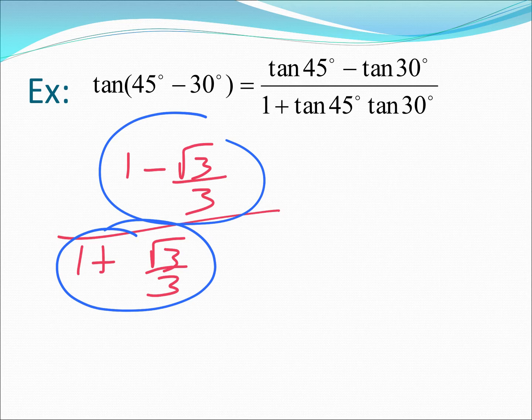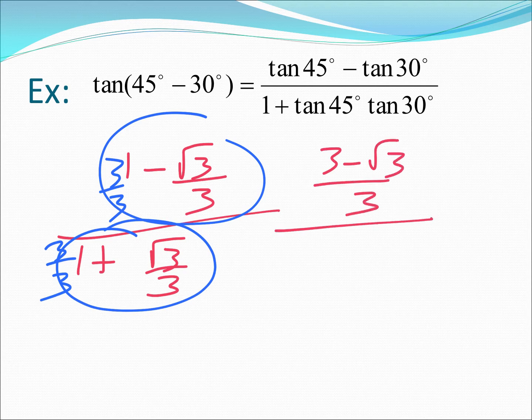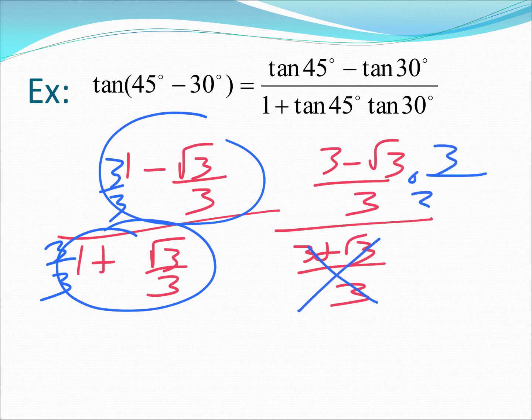So we're going to multiply by 3 over 3 here and 3 over 3 here to get 3 minus radical 3 over 3 and 3 plus radical 3 over 3. But wait, there's still more. Instead of dividing by my fraction, I'm going to multiply by the reciprocal. So we're going to cross this off and multiply by 3 over 3 plus radical 3.